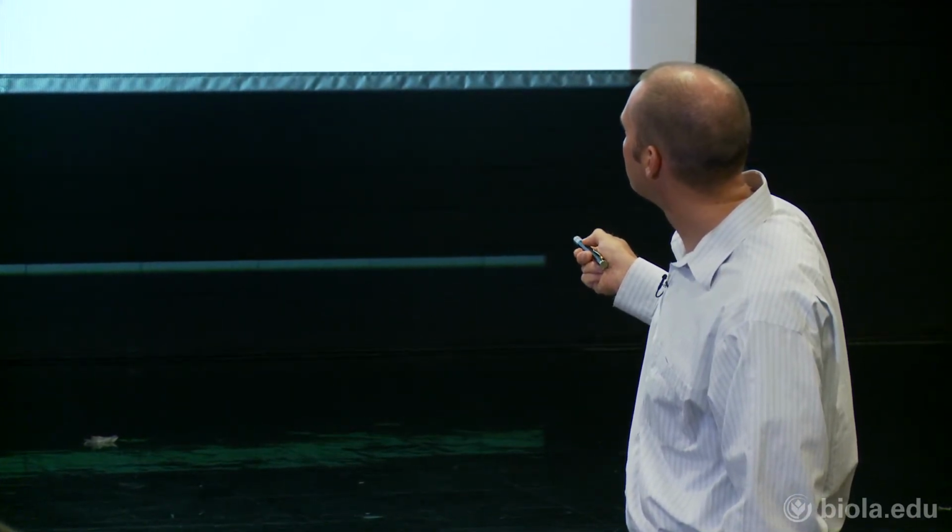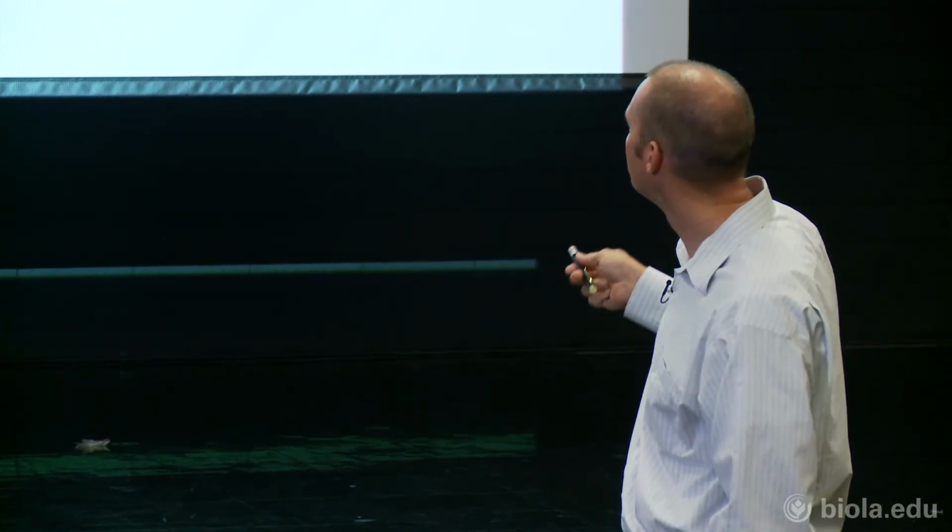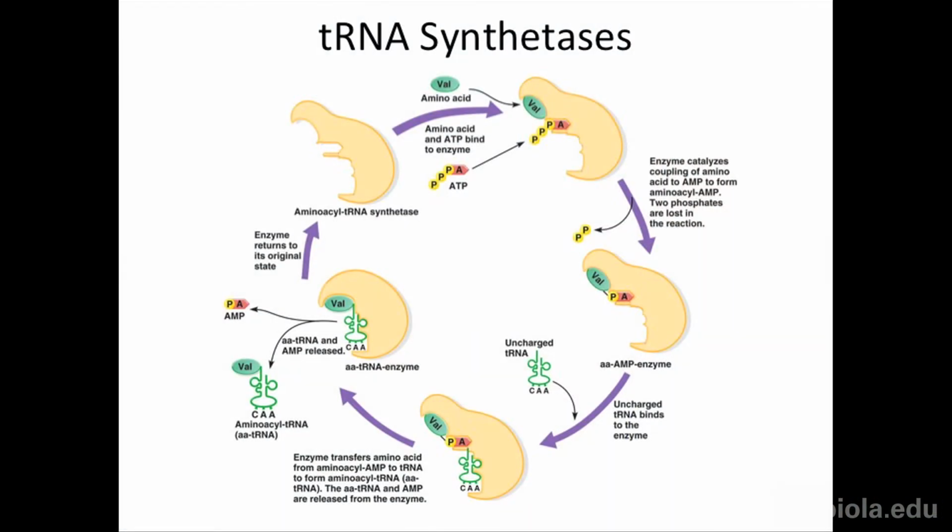So you get that uncharged tRNA, the tRNA that's lost its amino acid. The synthetase binds it, sticks the two together using the energy and the phosphate from that ATP. And then I've got a charged tRNA. It's got the appropriate anticodon and the appropriate amino acid.